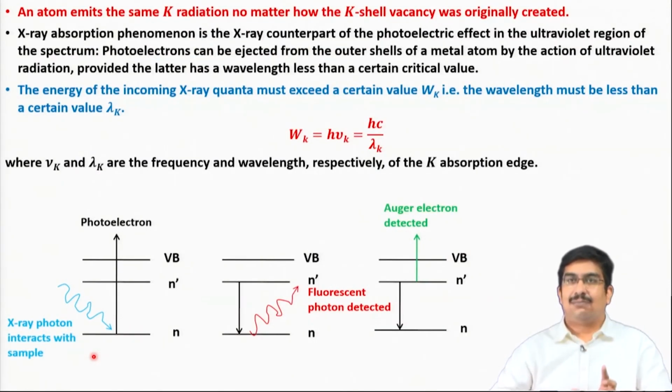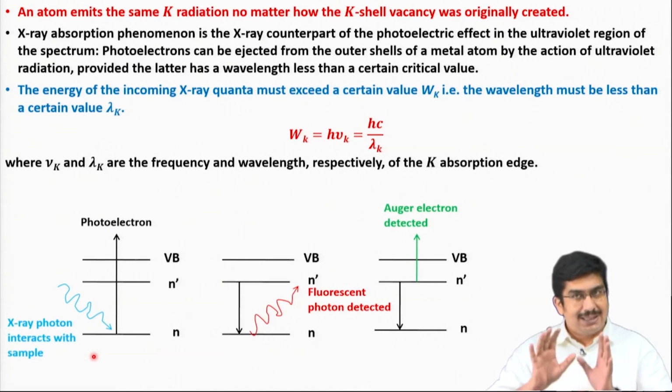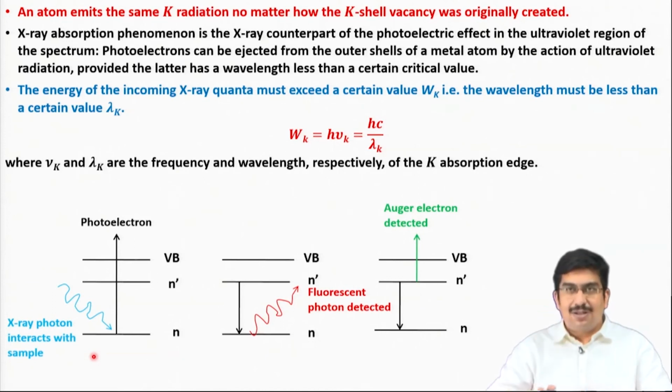So an atom emits the same K radiation no matter how the K shell vacancy was originally created, whether it is created by electrons or by an X-ray photon. It doesn't matter. All that matters is that this electronic transition should happen, because this electronic transition is what is causing it. So this X-ray photon is interacting with the material and causing this photoelectron and K fluorescent radiation.